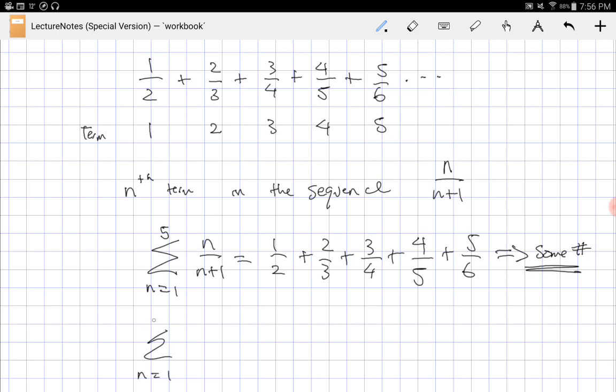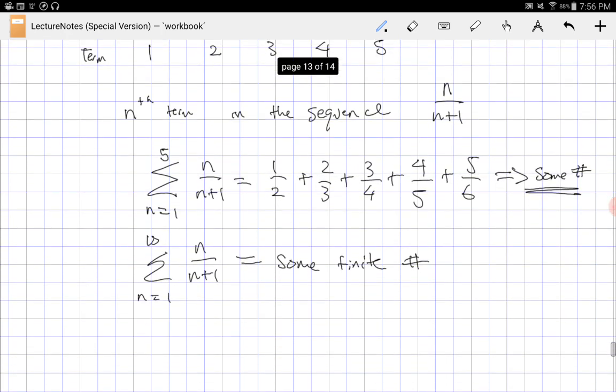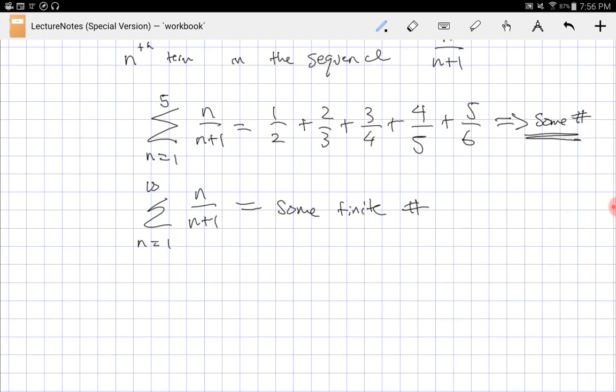So for example, if you count from n equals 1 to n equals 10 of n over n plus 1, this will also equal some finite number. What we're more concerned about is, well, instead of summing it up to 10, what if instead now we take our sum to infinity of n over n plus 1?